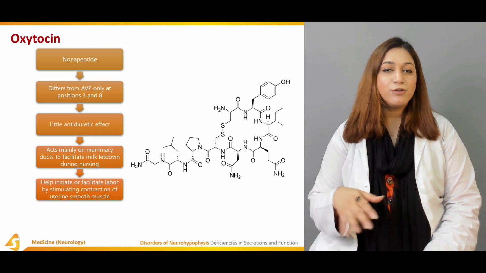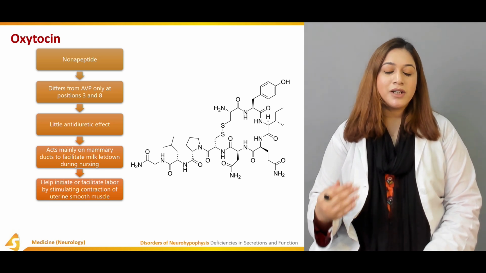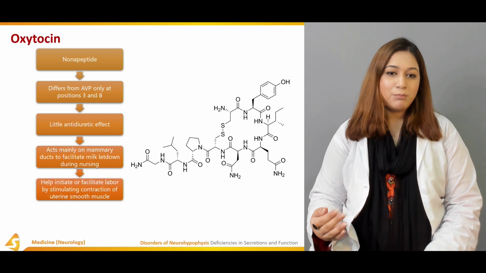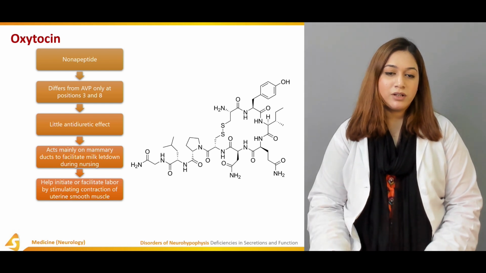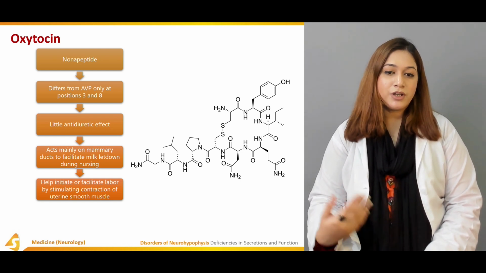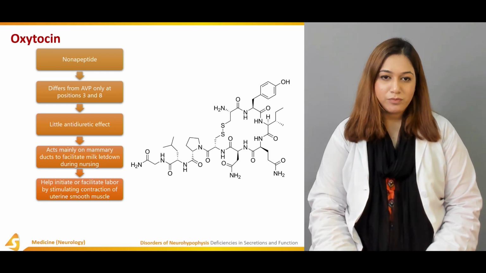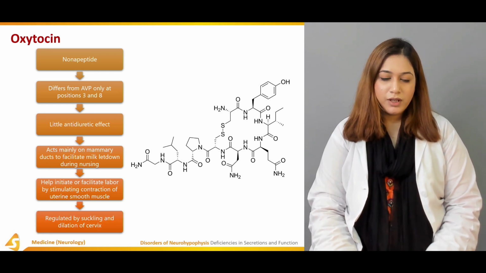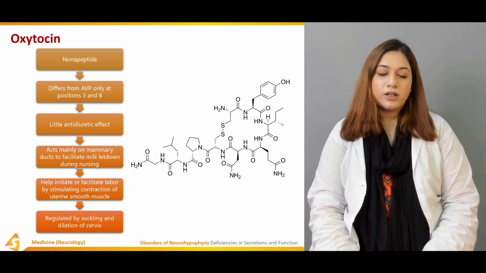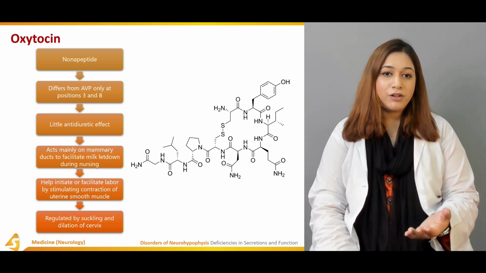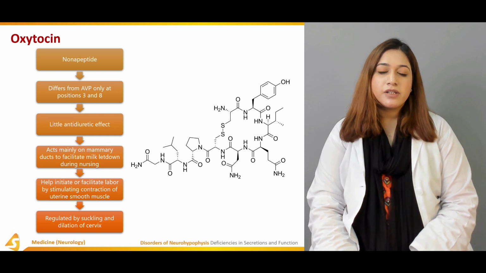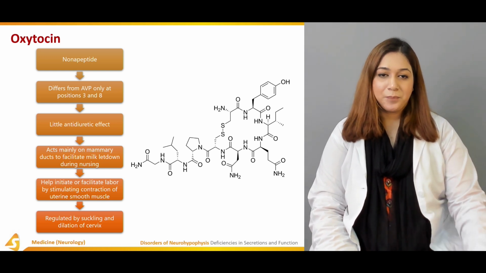However, there are no changes in the circulating levels of oxytocin in blood, but it does seem to act and help initiate labor. And there is another function. How is oxytocin regulated? It is regulated by suckling and dilatation of the cervix.